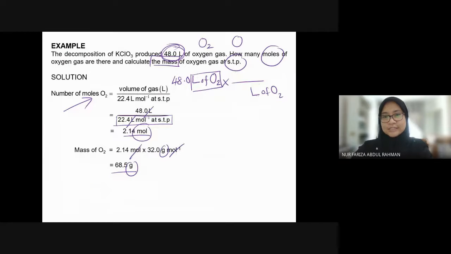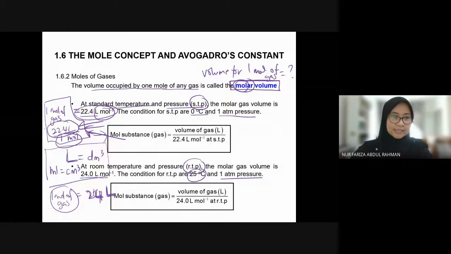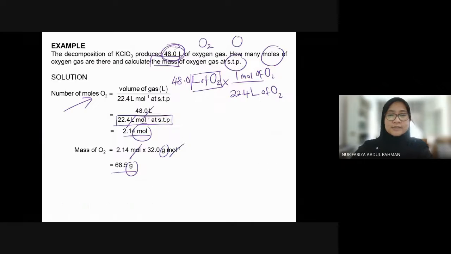Since it is liter here, it should be 22.4 liter of oxygen gas. The denominator should be 1 mole of oxygen gas, O2. Exactly like what we have here. This is a relationship, we just use it.